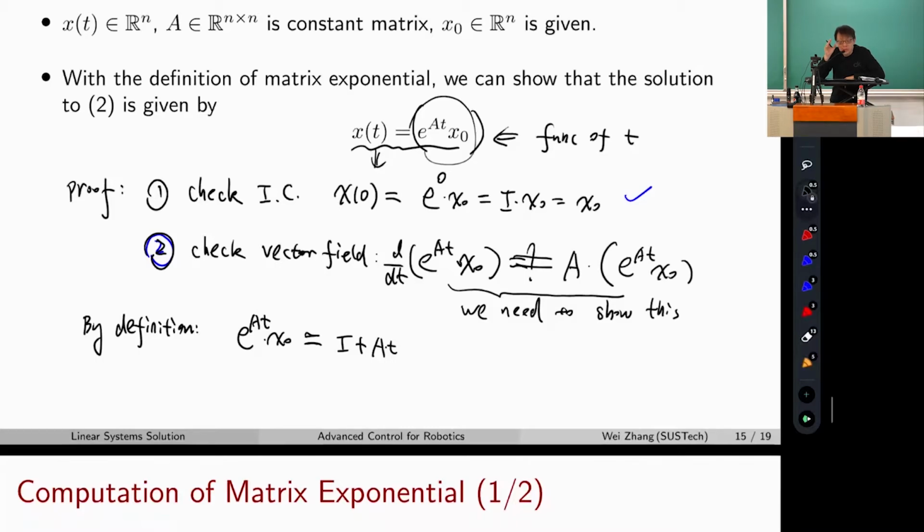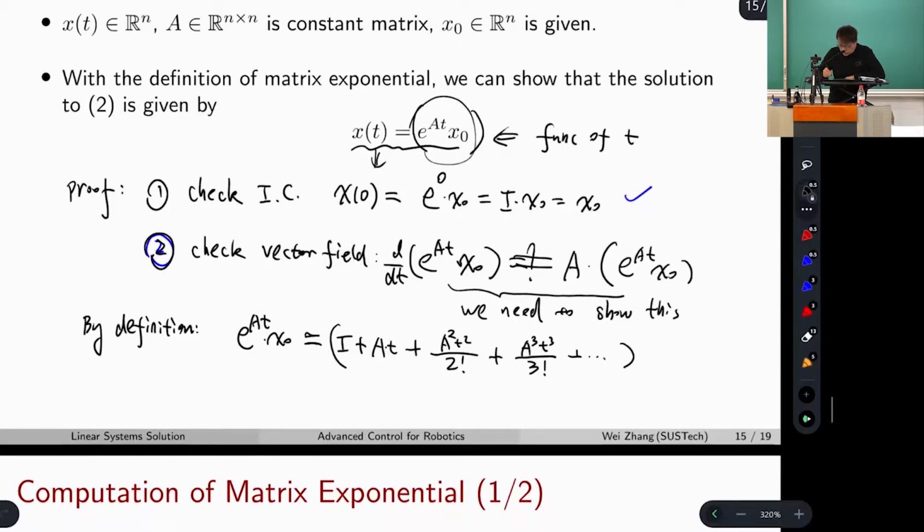This is the matrix exponential of A times t, plus A squared t squared over 2 factorial, plus A cubed t cubed over 3 factorial, and so on, times x0.